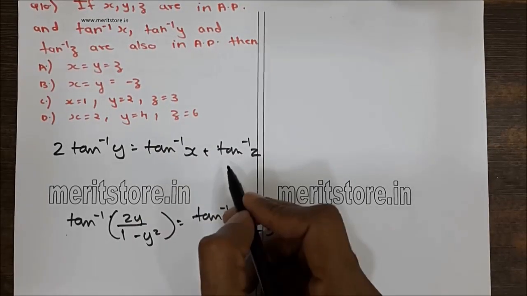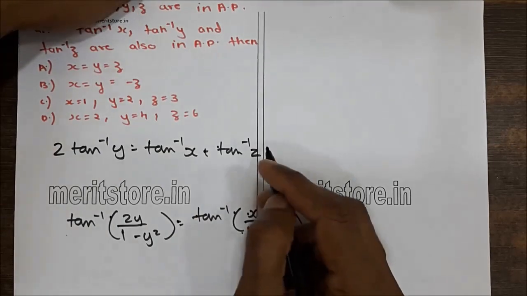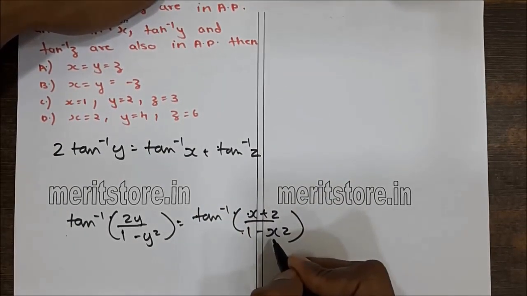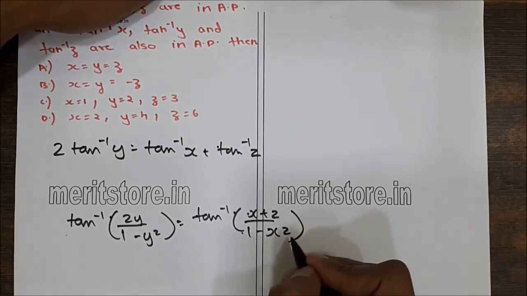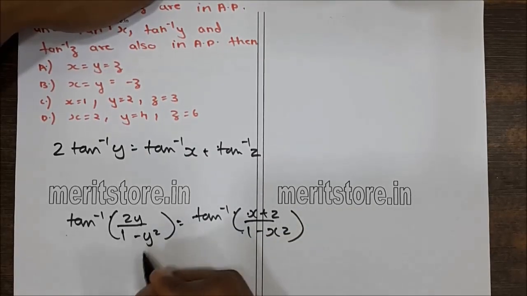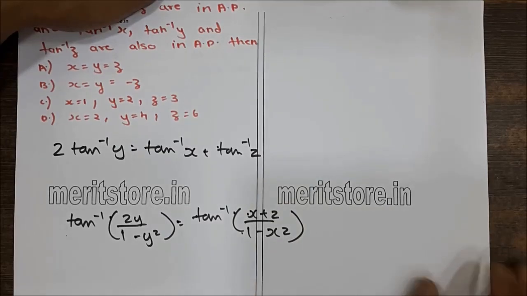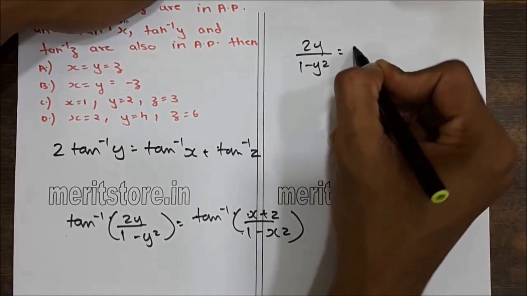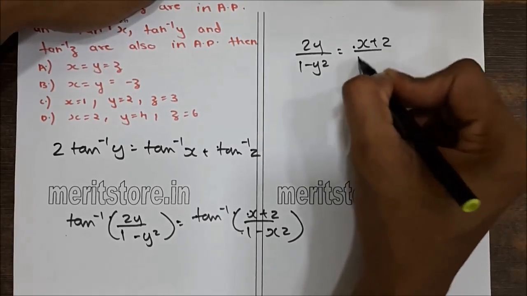Please note that we use the formula tan inverse of a plus tan inverse of b gives us tan inverse of (a plus b) upon (1 minus a into b). Therefore, further solving this, tan inverse gets cancelled on both sides. We are left with 2y upon 1 minus y square equal to (x plus z) upon (1 minus xz).